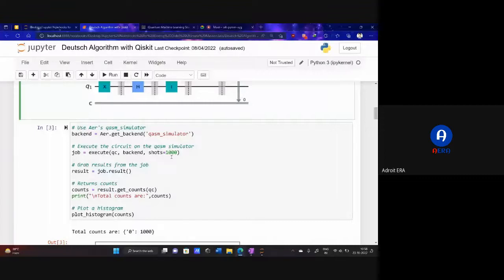Therefore you count the occurrences of those states. Let's say you have ket 0 plus ket 1 divided by root 2, which is the ket plus state. You know that 1 by root 2 is associated as the coefficient with ket 0 and also ket 1. Therefore, whenever you take a measurement, sometimes it will appear as ket 0, sometimes as ket 1.